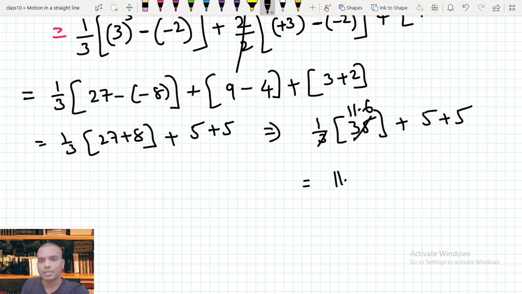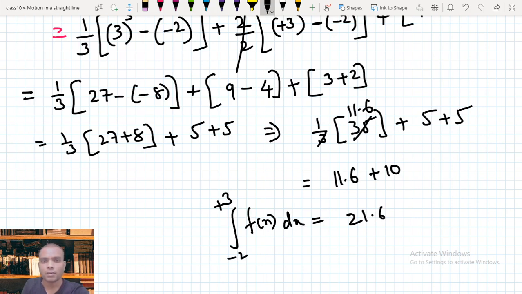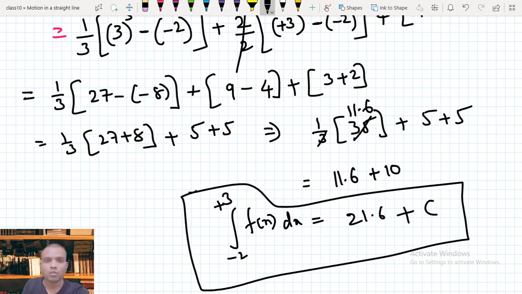So I get 11.6 plus 5 plus 5, 10. So its total value goes to 21.6, which is the integral from -2 to plus 3 of f of x dx, plus we need to add the integration constant at the end. So this is the easiest way to do the integration, by applying each rule to the given situation.